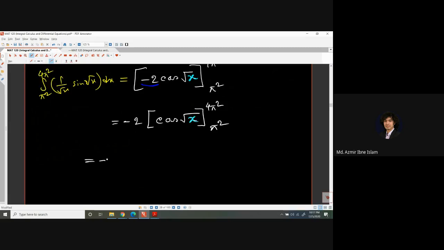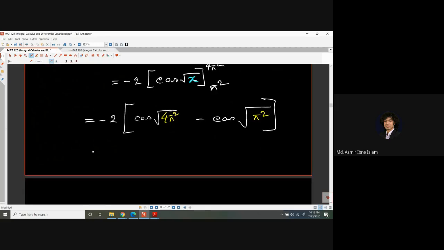So at first let's apply the fundamental theorem. The fundamental theorem says antiderivative at the upper limit minus antiderivative at the lower limit. So our upper limit is 4 pi squared, lower limit is pi squared. We are plugging the upper limit and lower limit where we have x.